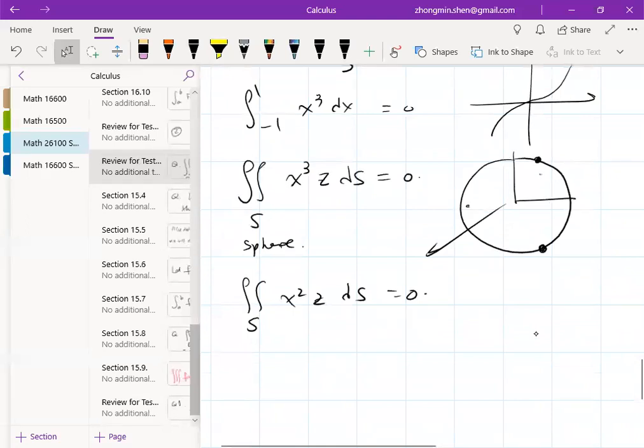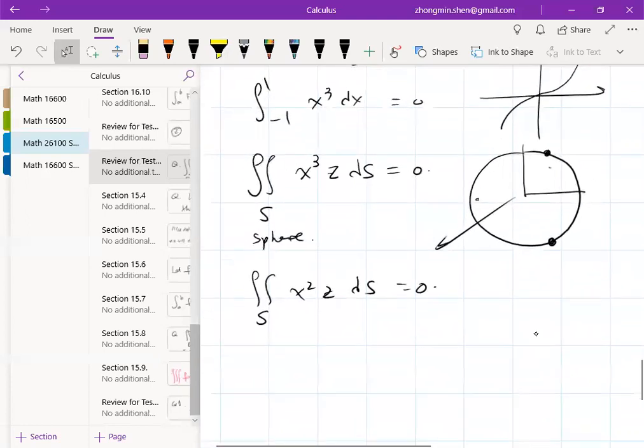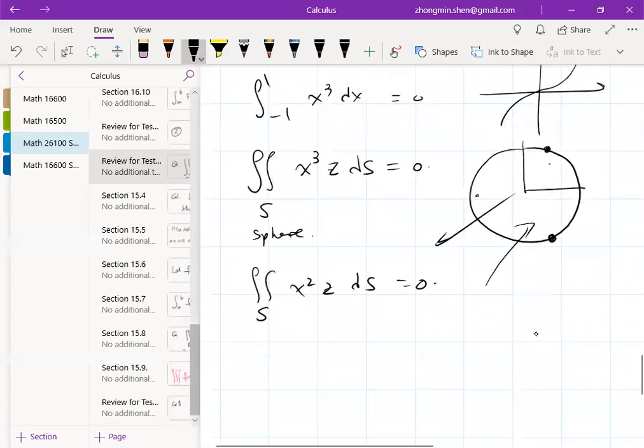Otherwise, for this particular problem, you have to find the parameterization for the sphere, and then you have to do the cross product, right? And it's very complicated. You have to stop there. When you multiply it out, you get so many cosine, sine, cubes, you can imagine. So otherwise, you have to find the parameterization for the sphere, that's phi and theta, then the surface integral of this f, right? ds.